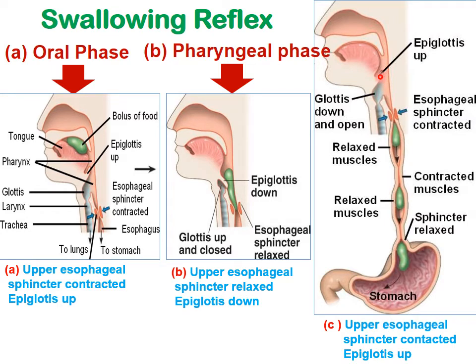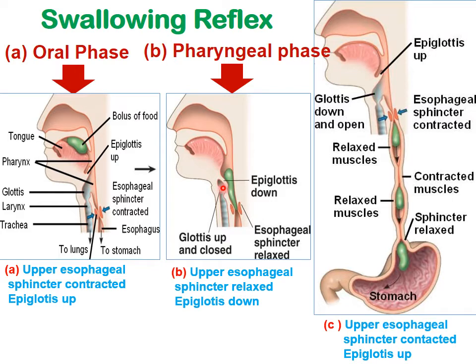This kind of reflex is called a deglutition reflex, which means a temporary stoppage of respiration, or temporary stoppage of breathing, when the person is swallowing. See, when the epiglottis is closed like this, you cannot breathe air because this is closed, right? So the air will not be entering from the nose.